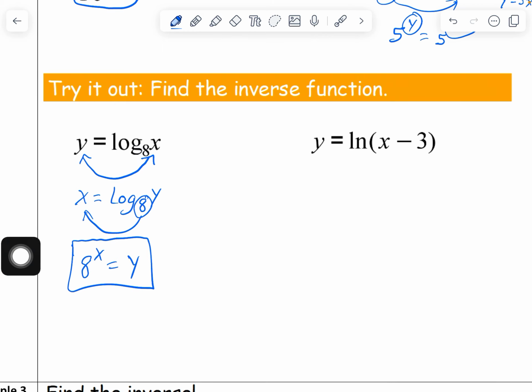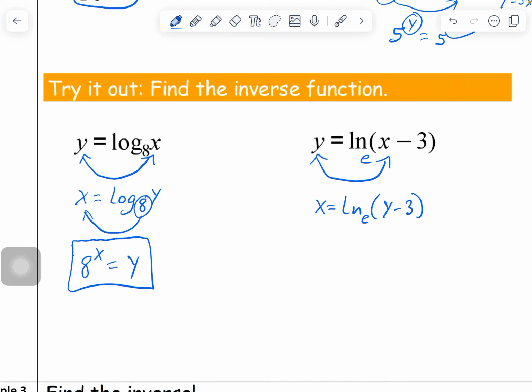Same thing over here, y equals the natural log of x minus 3. Make sure to note that this is in parentheses. That does matter for the order here. So we're going to swing our... Oop, I forgot to change my x and my y before I did that. So x equals the natural log of y minus 3.